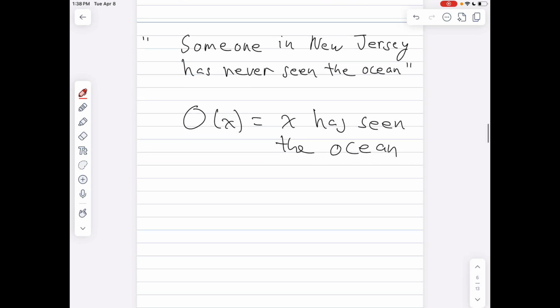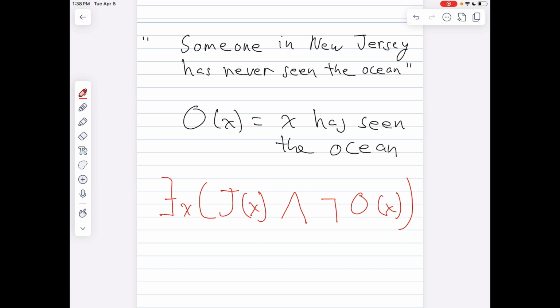Next, we look at the statement that someone in New Jersey has never seen the ocean. I'm going to include the statement O of x, which is x has seen the ocean. How do I write this with quantifiers? The word someone means there exists some person. First of all, they live in New Jersey, so J of x has to be true, and not O of x, because that person has not seen the ocean.